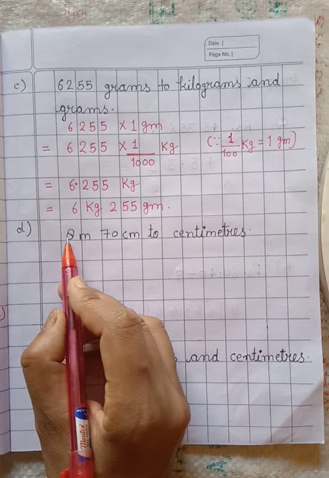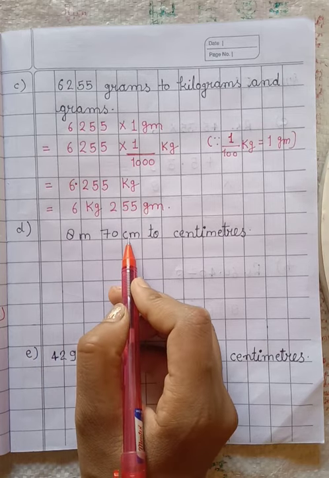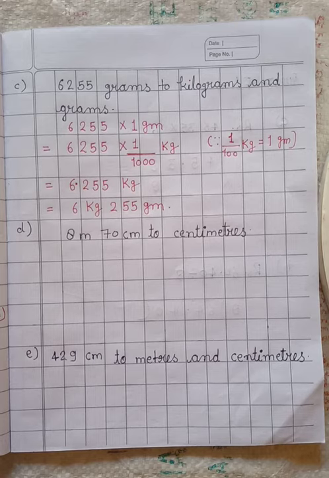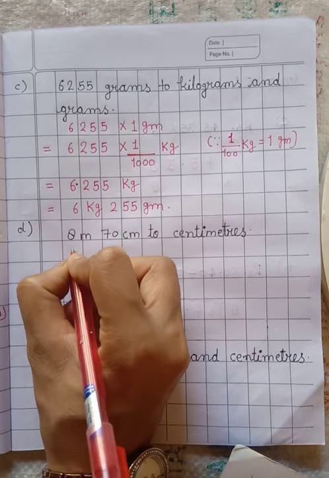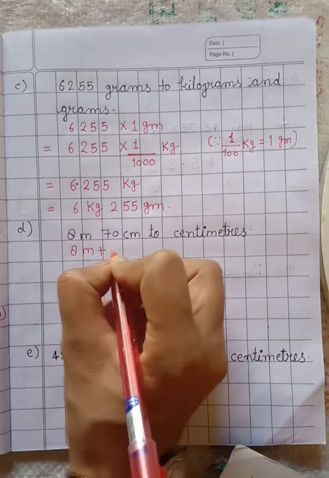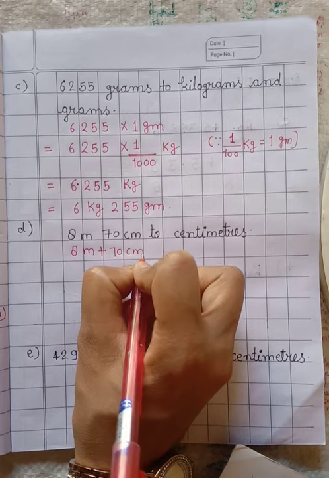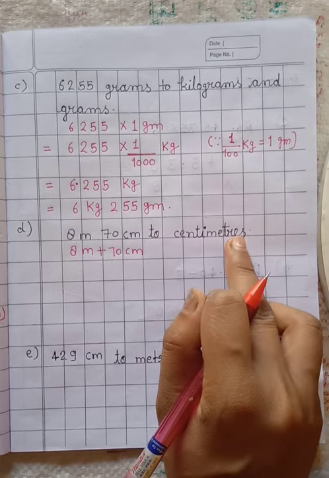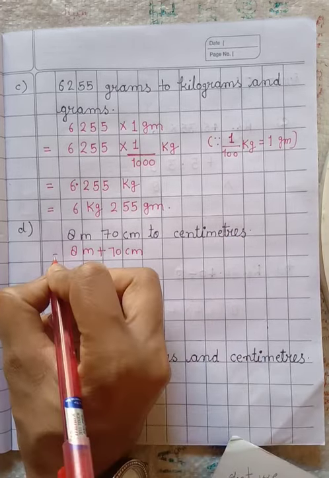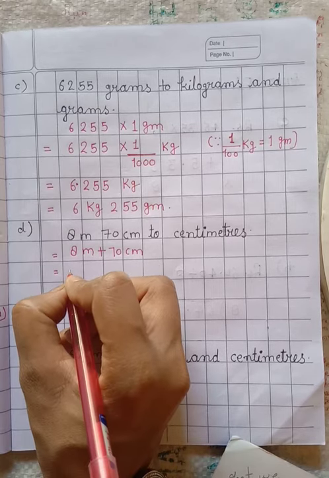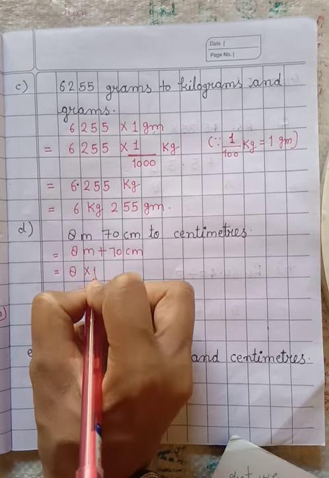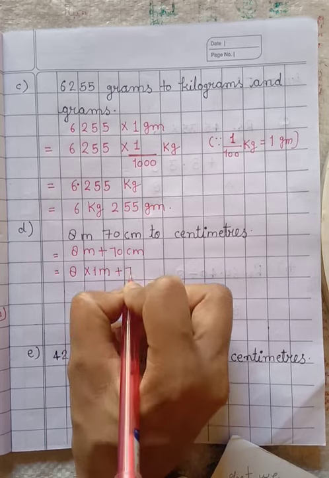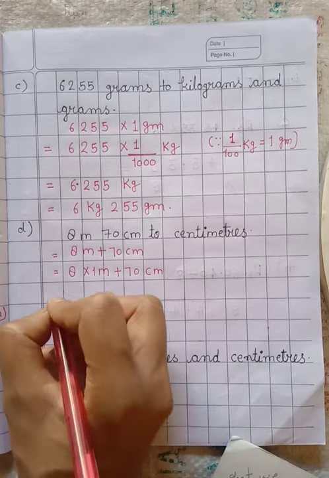Next is 8 meter 70 centimeter to centimeters. So 8 meter plus 70 centimeter, we have to convert it to centimeter. We can write it as 8 times 1 meter plus 70 centimeter.